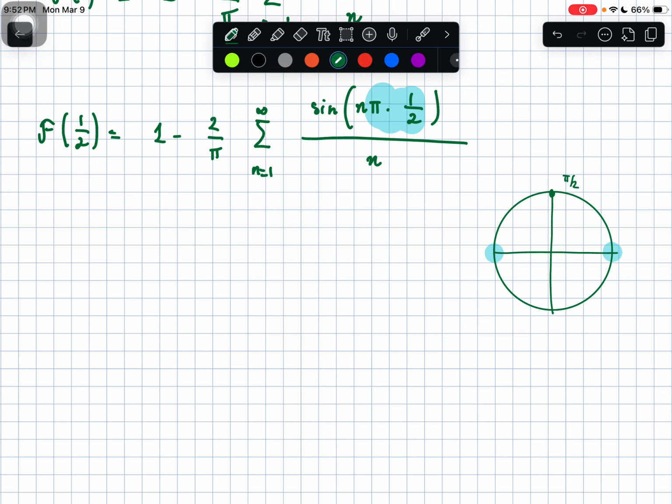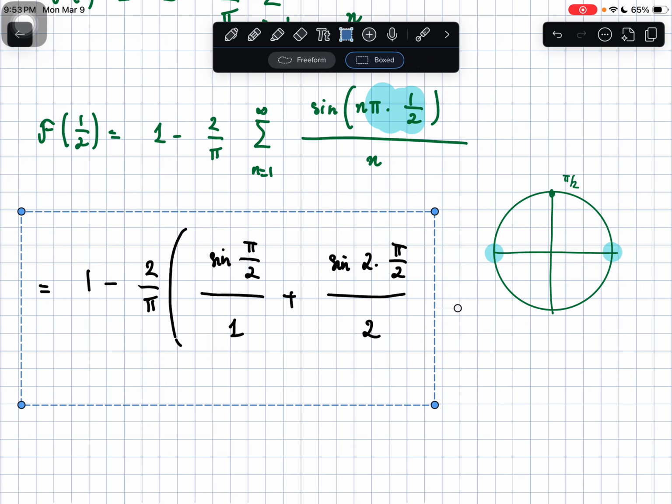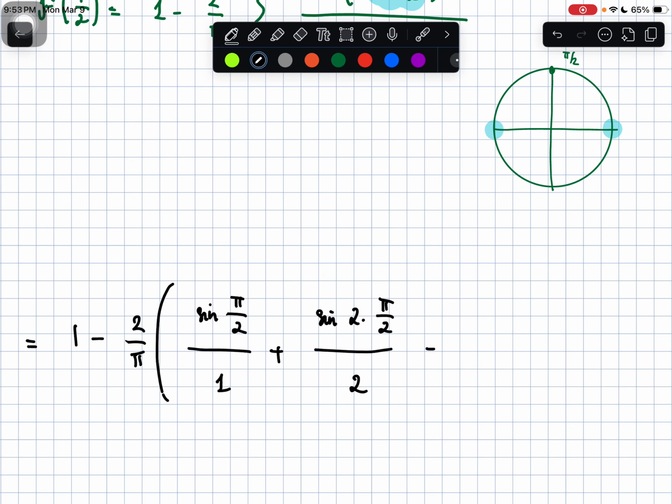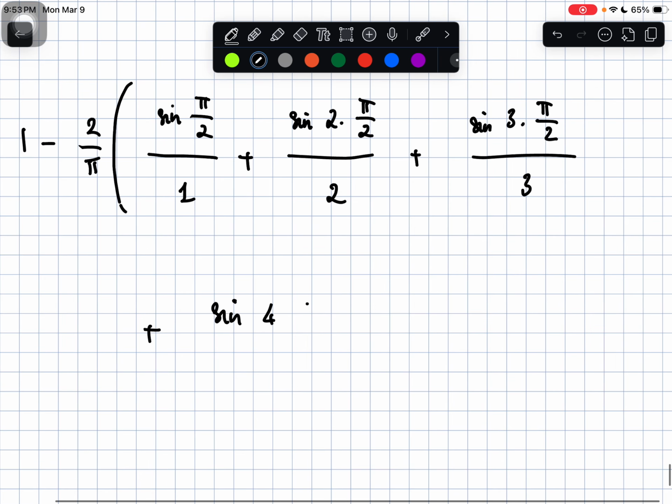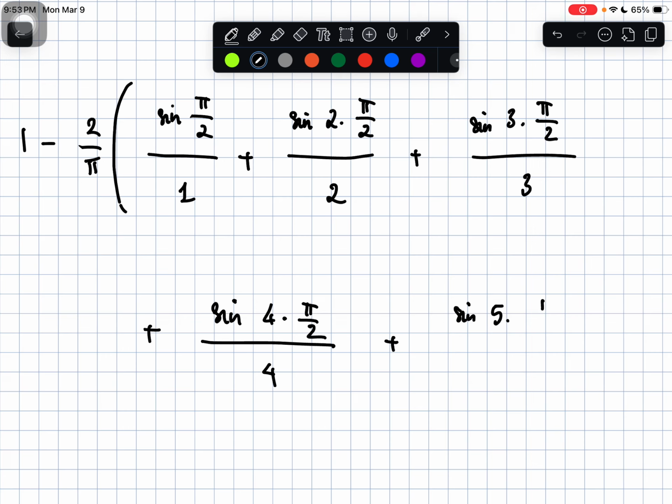Now let me write down the first few terms. 1 minus 2 over pi times psi pi over 2 divided by 1, psi 2 pi over 2 divided by 2, then psi 3 pi over 2 divided by 3, psi 4 pi over 2 divided by 4, psi 5 pi over 2 divided by 5, and so on.